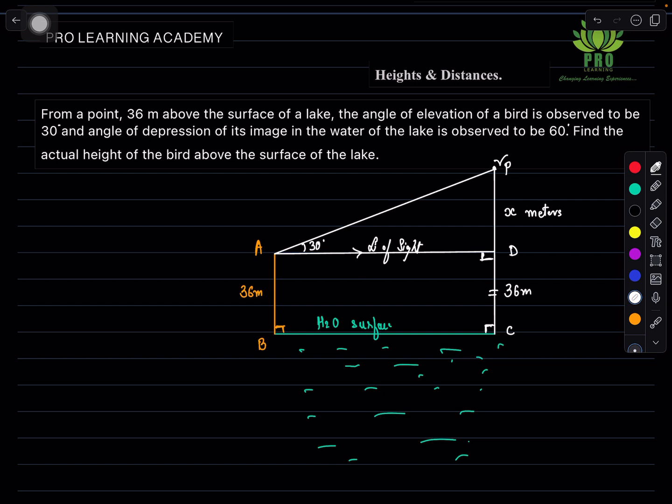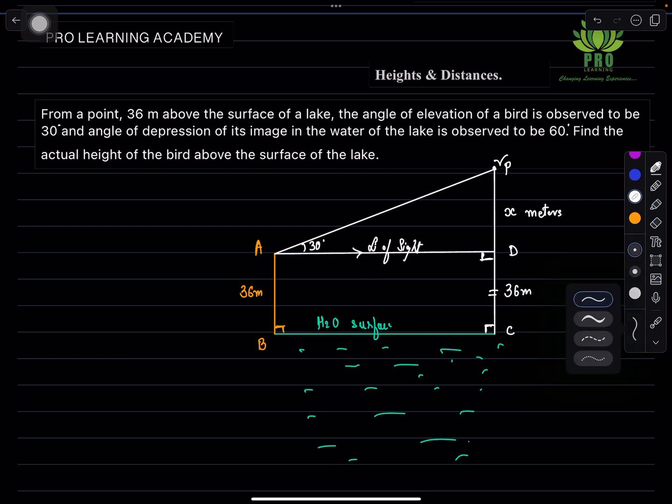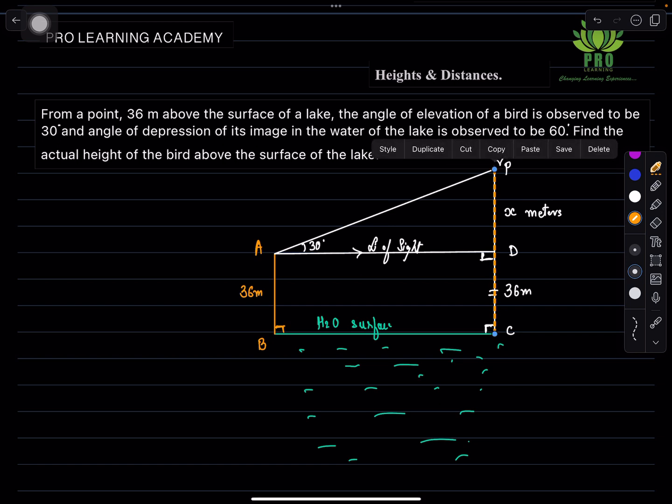So here what we really want to do is use physics. We know this is the height above which the bird is spotted, and this height technically is x plus 36 meters. As per physics, for plane mirrors the image distance and the object distance are the same.